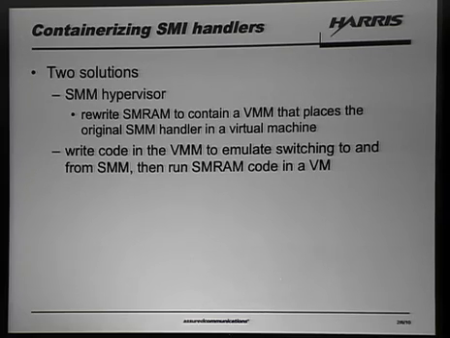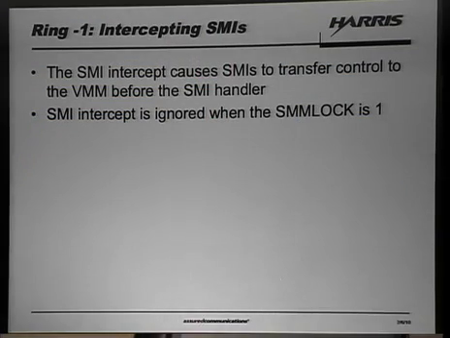The other alternative is to write code in the VMM to actually emulate switching to and from system management mode, and then run the SMRAM code inside the virtual machine. So again, the important thing to note about intercepting SMIs is that we have this bit inside the virtual machine control block.